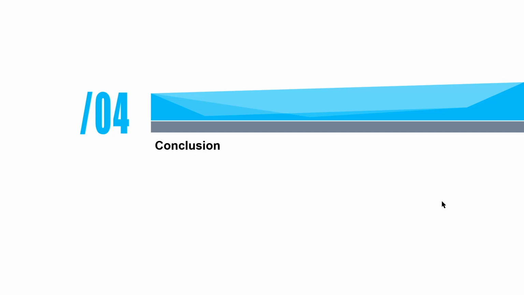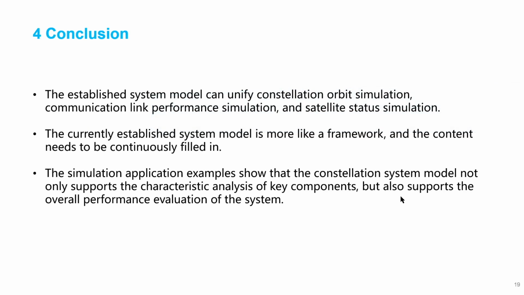Last of all, the content of this paper has been summarized as follows. Firstly, the established system model can unify constellation orbit simulation, communication link performance simulation, and the satellite status simulation.